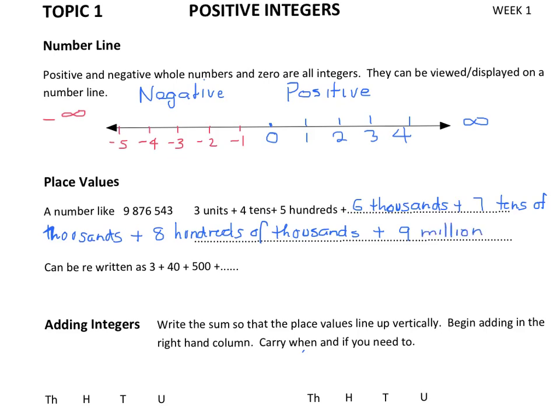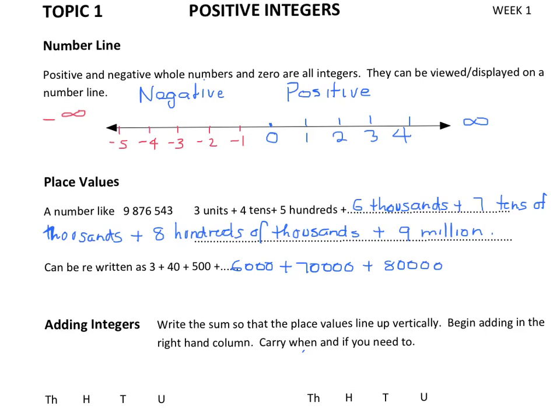So you can see that's a very longhand way of writing the number. We can shorten it to 3 plus 40 plus 500 plus 6,000 plus 70,000 plus 800,000.